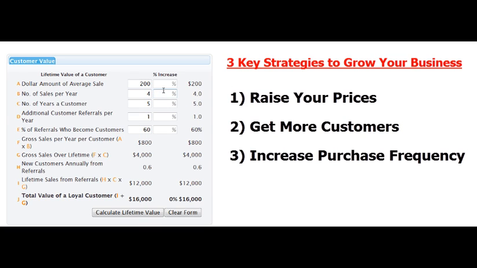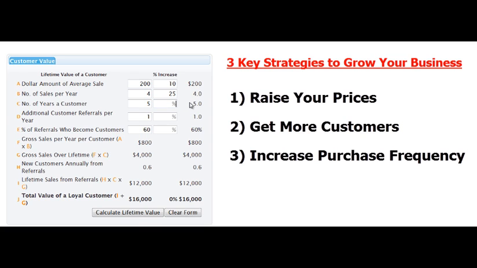So let's say that we can help to improve in one or all of these areas by using a number of different strategies. Let's say that we show you a way to bump up your pricing just a little bit that makes sense, and that we increase your pricing by 10%. So instead of $200 average sale, it goes up to $220. Let's say that we can have your customers buying more frequently from you by 25%. So instead of only 4 times per year, now they're going to be buying 5 times per year.